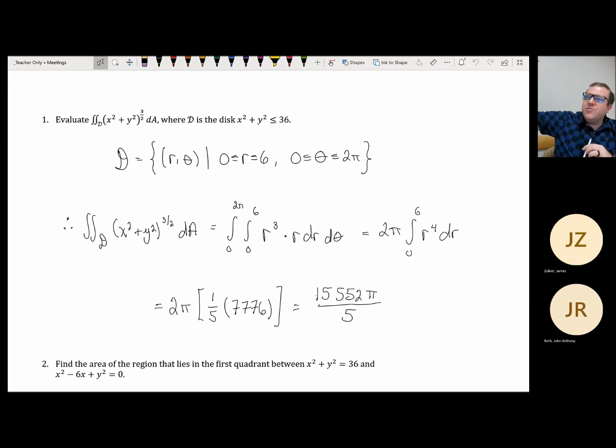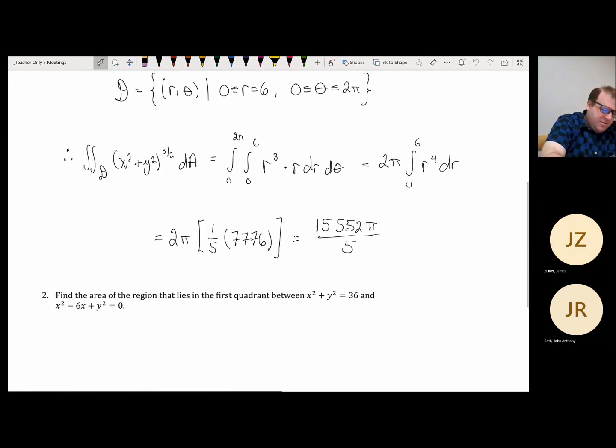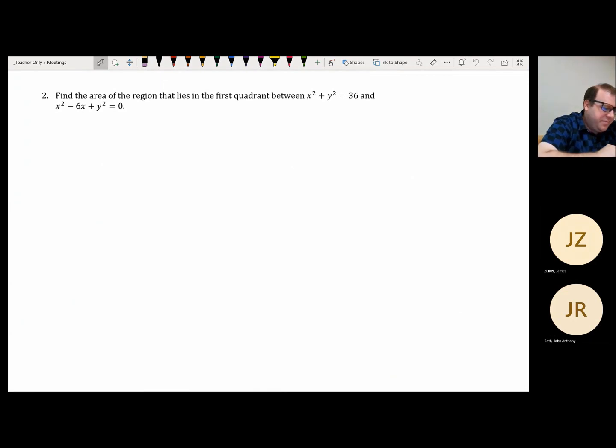It goes from 0 out to the radius, which is 6. And theta was the entire circle. It was 0 to 2 pi.